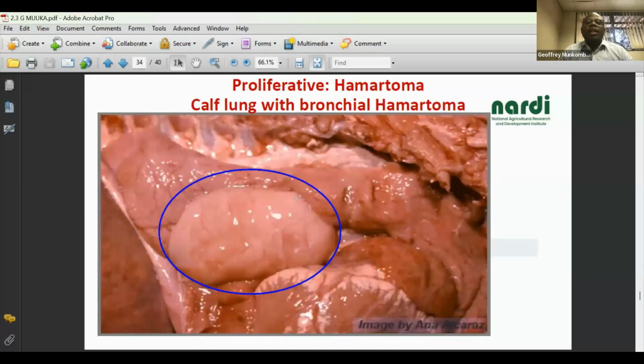This is just a hematoma that you can find in a calf lung with bronchohematoma, where we've circled that ring there. It's usually a finding which you can sometimes confuse with the lesions for CBPP if you do not palpate properly and do further examination. We've put it there to demonstrate that if it was CBPP, you could have seen attendant lesions around that area where you could have maybe adhesions.